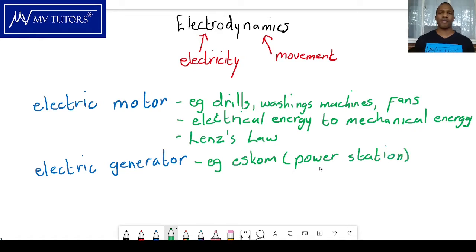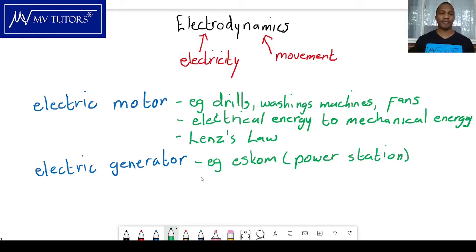That's what we're talking about when we are talking about generators. Also, coupled with ESCOM here in South Africa, we have a lot of load shedding. So when you buy an external generator to supplement the electricity coming from ESCOM, that is an electric generator.